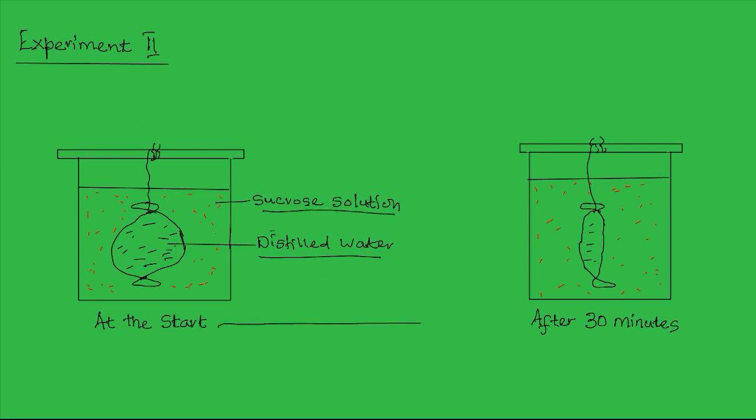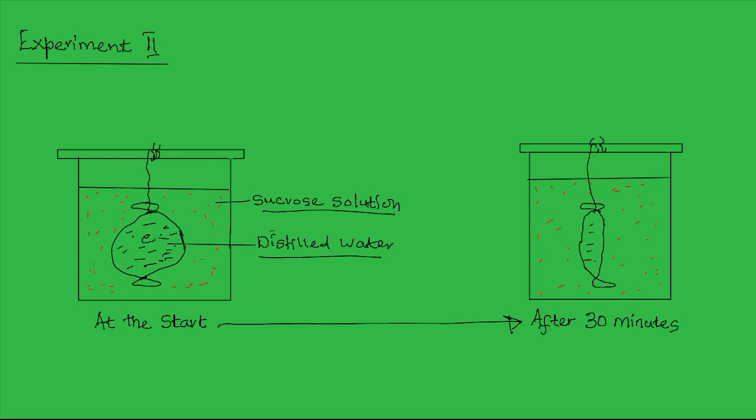What is happening is that the distilled water in the Visking tubing has a high concentration of water molecules, which then move out by osmosis into the sucrose solution with a lower concentration of water molecules.